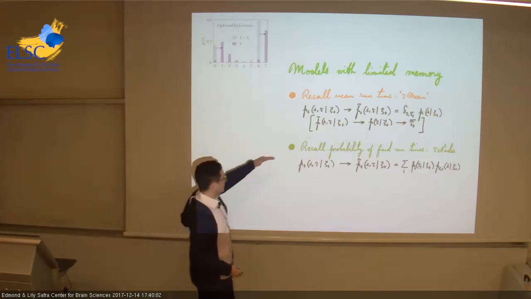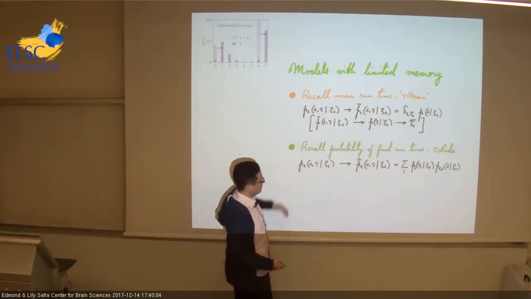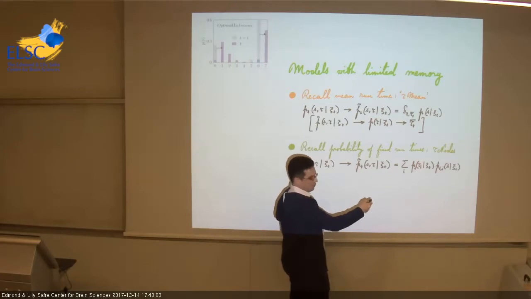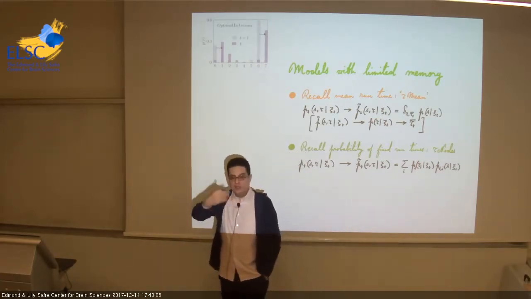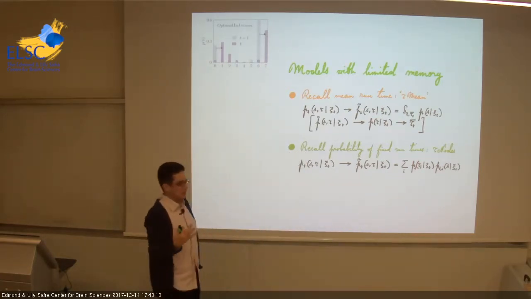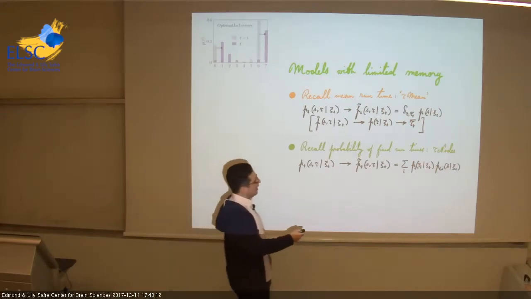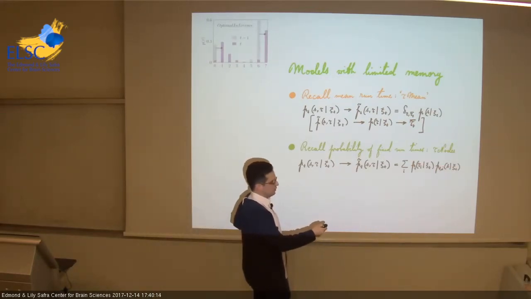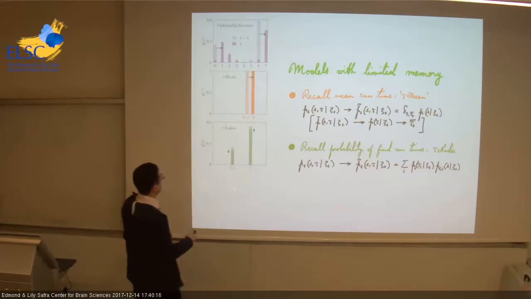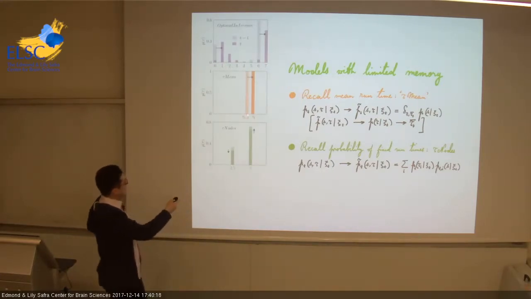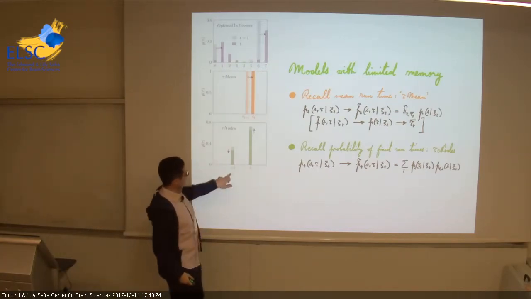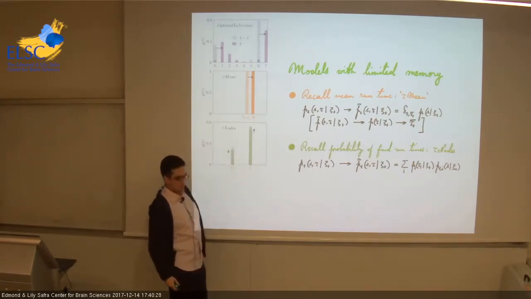Another possibility is to say, well, people have a set of reference run lengths. So maybe you think 1, 3, and 6. These are the possibilities, and you attach to each of these possibilities some distribution over S. So pictorially, this is what happens. You think that the full probability weight is on the mean, and you change the mean, or you divide your probability weight on reference run lengths, and you change the probability weights.